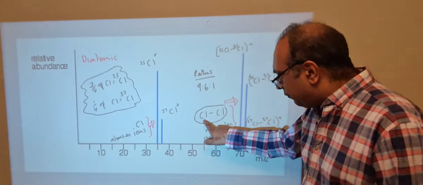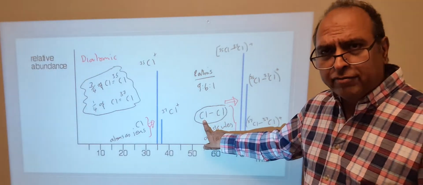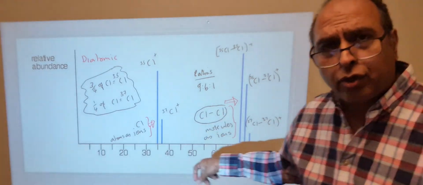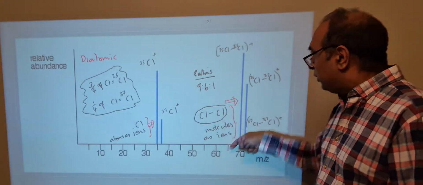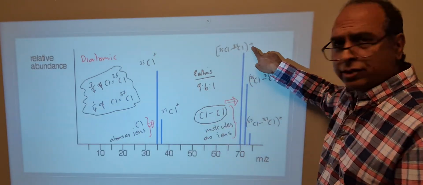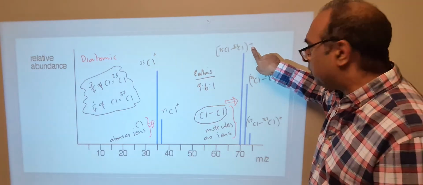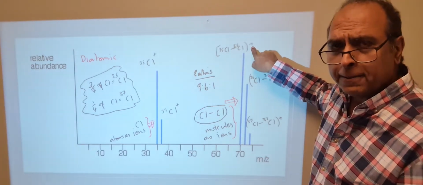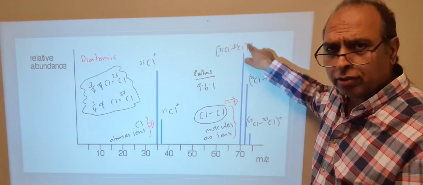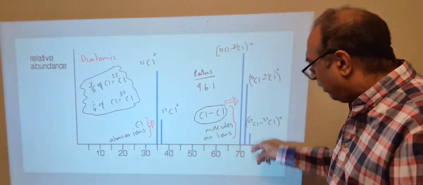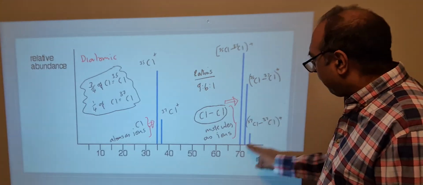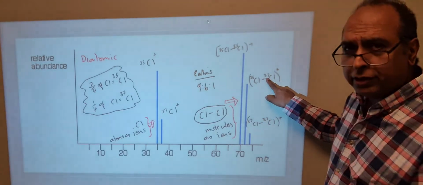Now, if the first chlorine were a chlorine 35 and the second chlorine was a chlorine 35, then you'd get together the Cl2+. You see I've put a plus there? You must put it in. The positive charged molecule weighing 70 M over Z. Right, what if one of those chlorines was a chlorine 37?